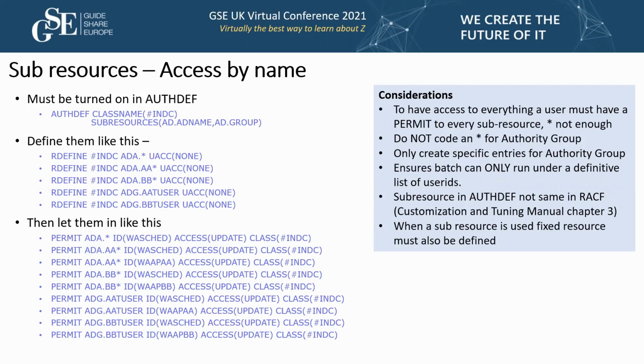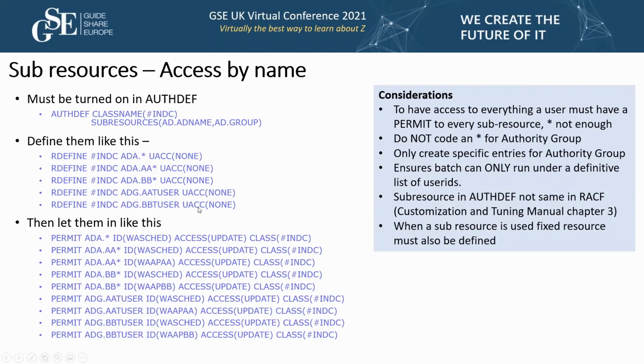That way, if somebody creates a new user ID, it doesn't automatically come into use inside IZWS if you'd, for example, done AA*. So I would say only explicitly grant access to each authority group individually. This gives you a lot more control over which batch user IDs can be run using IZWS.